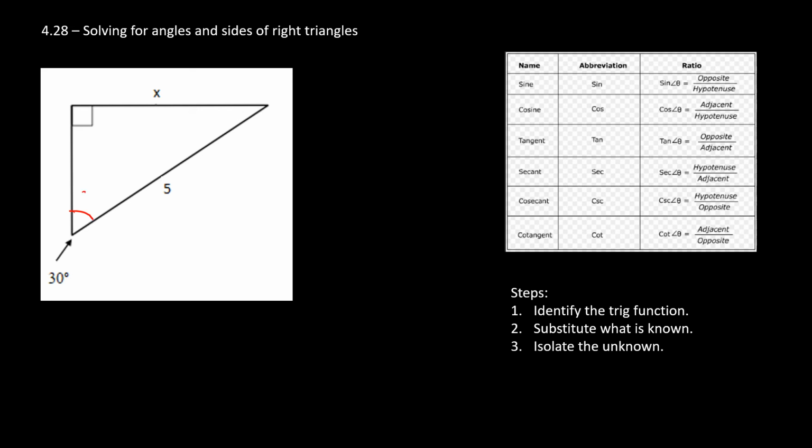Oh look, here's our theta value, a little different there. We need to identify what is given to us. Well, this x value, in relationship to this theta, our starting point, would be opposite.